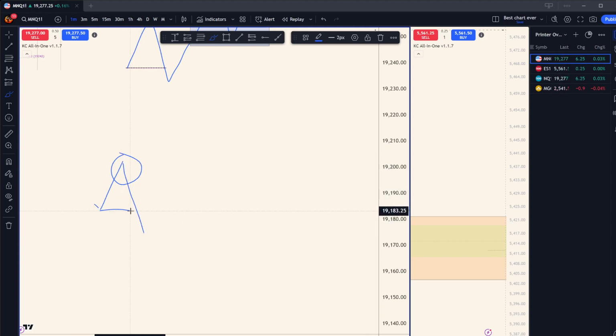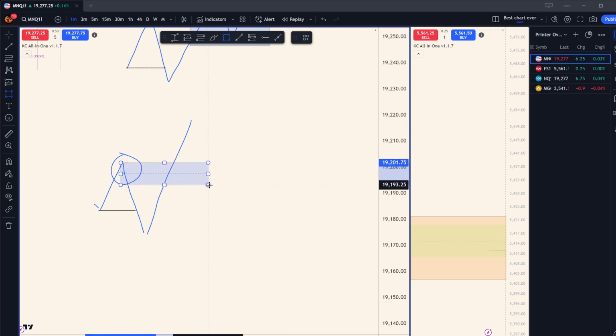Price makes a stop rate. Now, as price comes back higher, instead of respecting that order block, it runs right through it. It invalidates it. This now turns, depending on if it took out liquidity before making the order block, or if it didn't take out liquidity, into either a mitigation block or a breaker block.